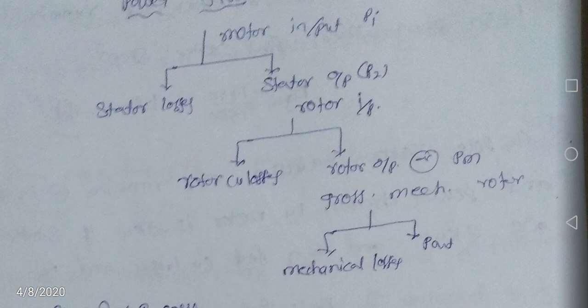That rotor output power is the input to the shaft. At the shaft there are mechanical losses, and the remaining power is the power available at the shaft.